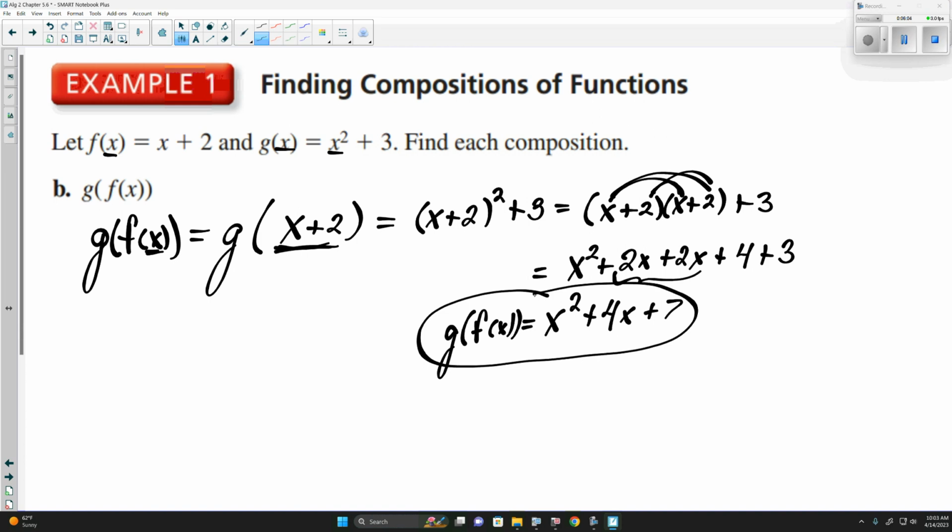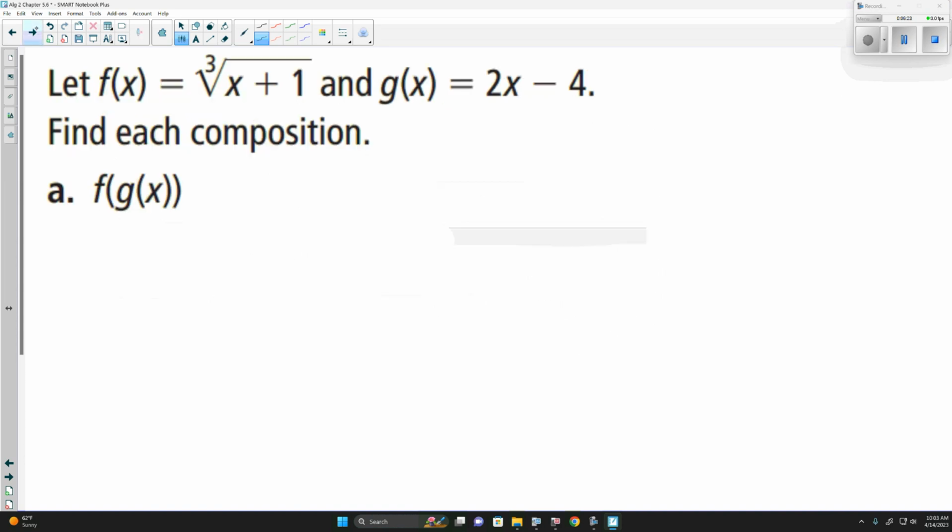Any questions on any of this here? Any questions on anything we've done so far? Are we good with these here? Okay. Let's look at the next one.